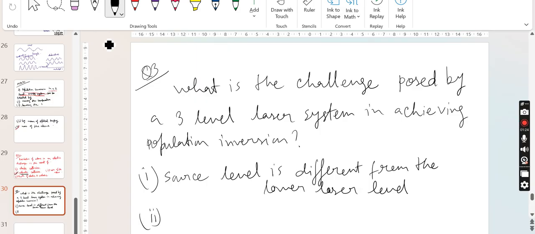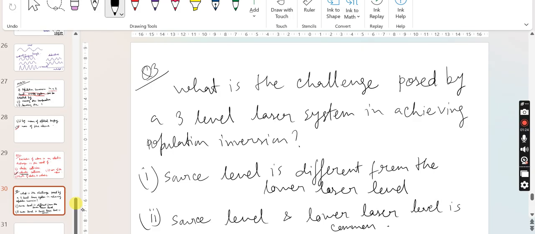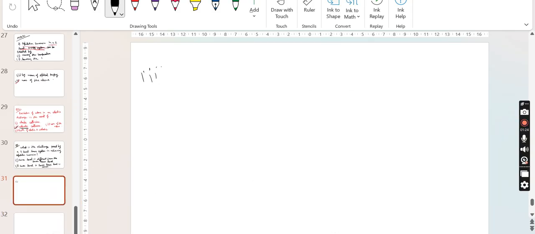Second, the source level and lower laser level are common. Third, the upper laser level and pump level are different.